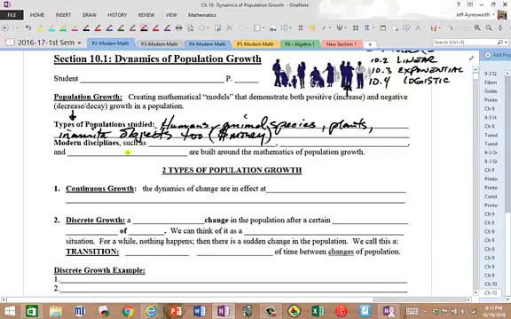Now, modern disciplines here study population growth as well, and one such discipline is called mathematical ecology. Another one is population biology.